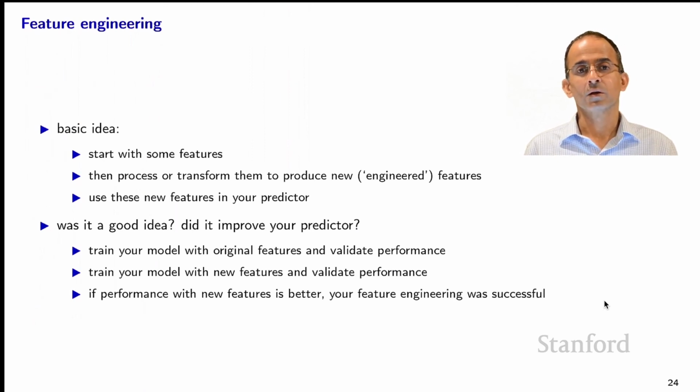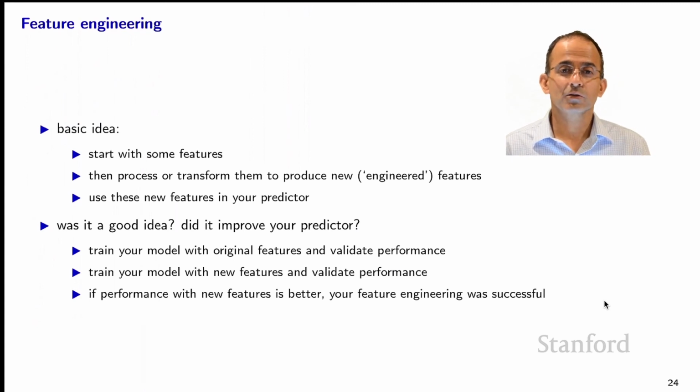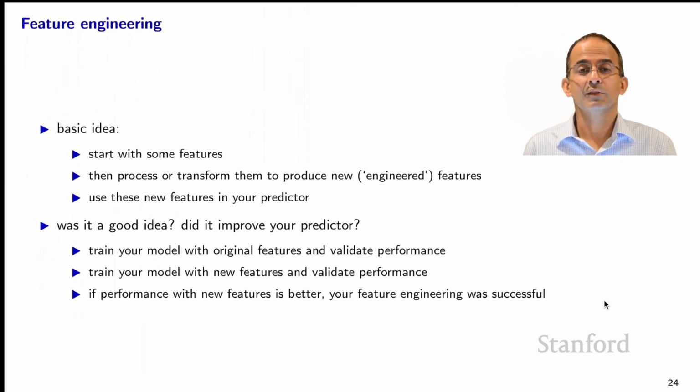If you want to know whether the new features you're producing are better than the original features, develop a predictor using the original features, and develop a predictor using the new features. In both cases, validate the performance against unseen data. If the performance with the new features is better, then your feature engineering is actually helpful. And if it wasn't, then you don't need to do that particular piece of feature engineering and can look at something else.